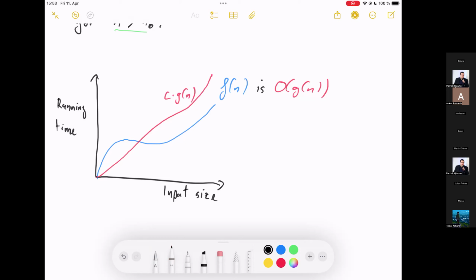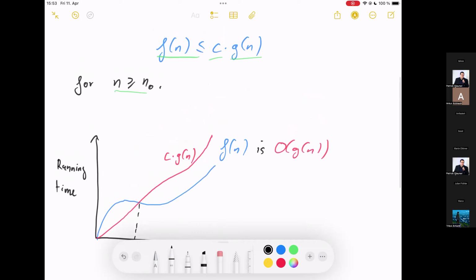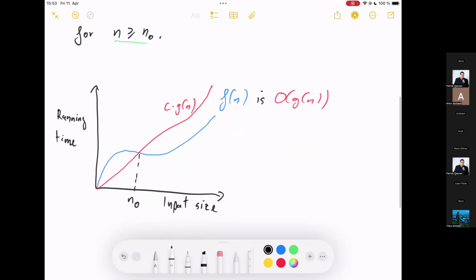And we have our threshold, which is the n0. And what we see, that's what we just wrote up there, is that f of n is less than or equal to c times g of n for all n's starting at some threshold n0. We can clearly see that this holds true here.